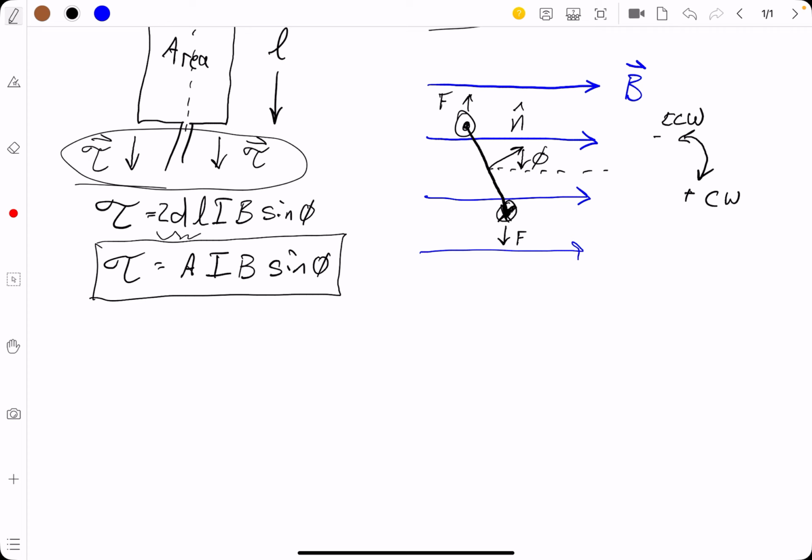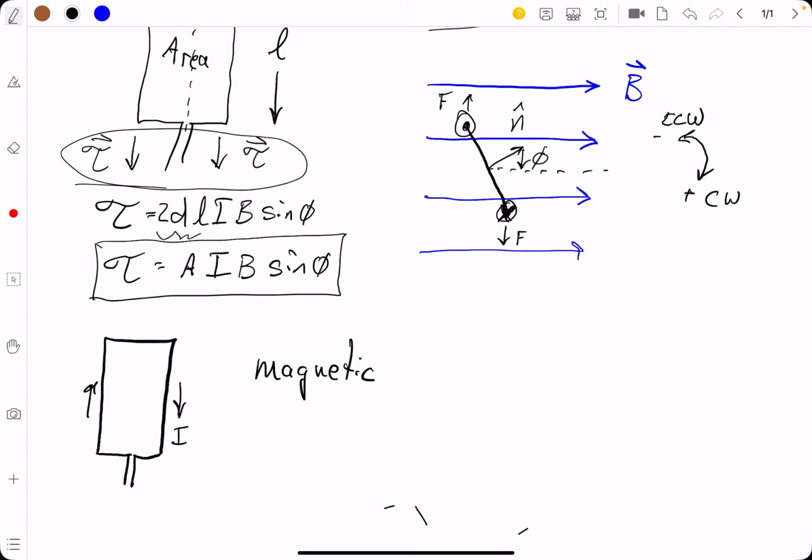Okay. So we call this closed loop. I'm going to draw it again. Closed loop. This is called a magnetic dipole, better put some current in it. And it has a magnetic dipole moment.